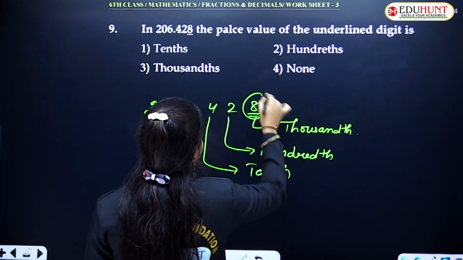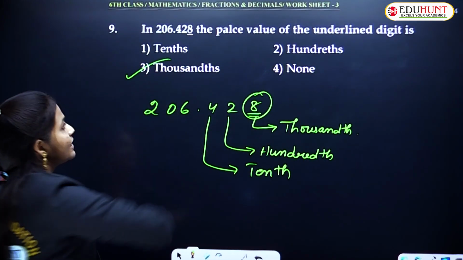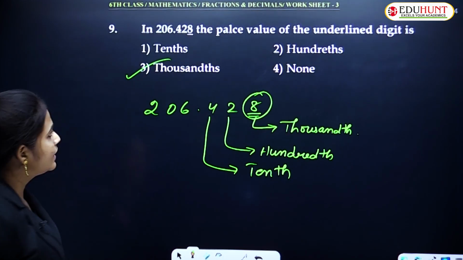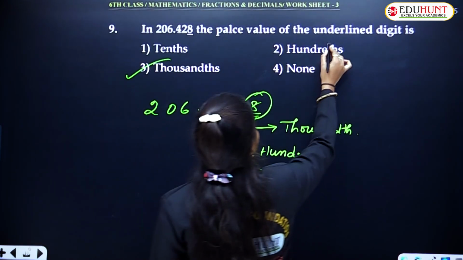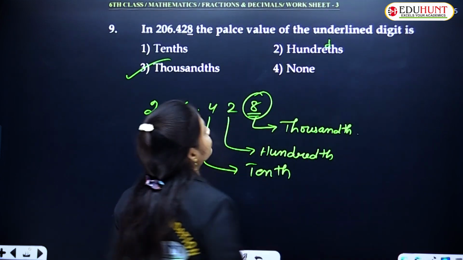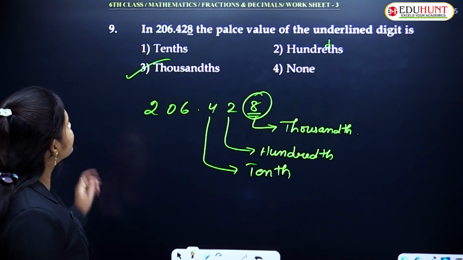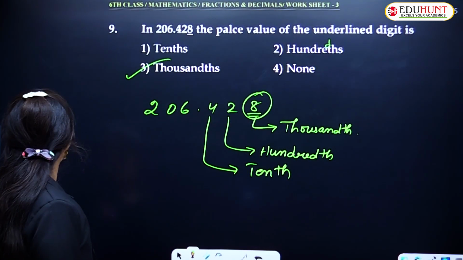What value are they asking? 8's value only, so the answer is 1000th. Here a spelling mistake is there for 100th, okay? But here the answer is 1000th place.